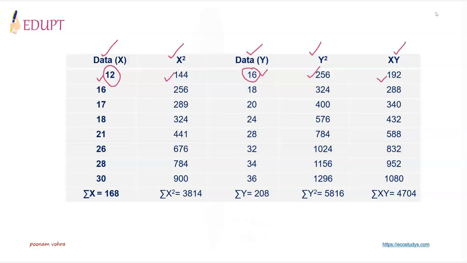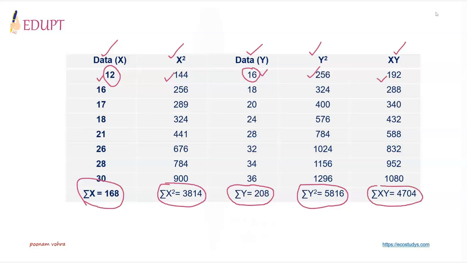In a similar manner, you complete the series for all the values of x and y, and then you take the summation of x, the summation of the squares of x, the summation of y, the summation of the squares of y, and the summation of xy.